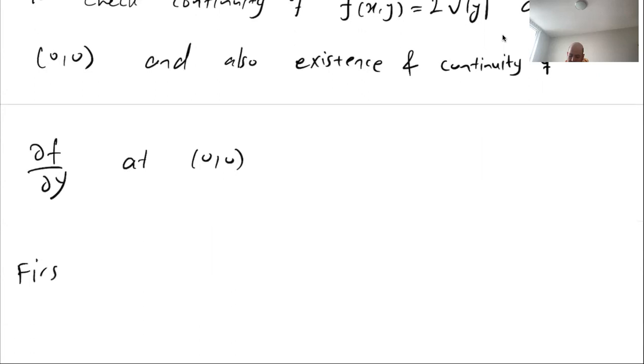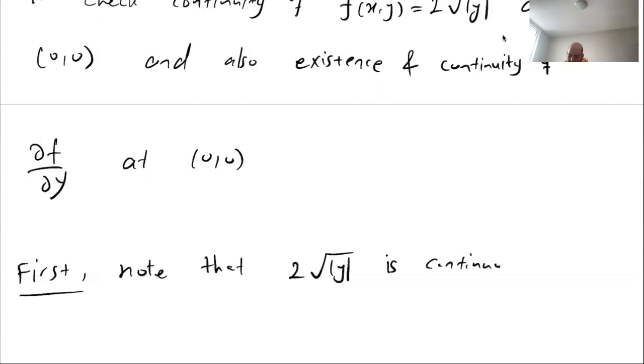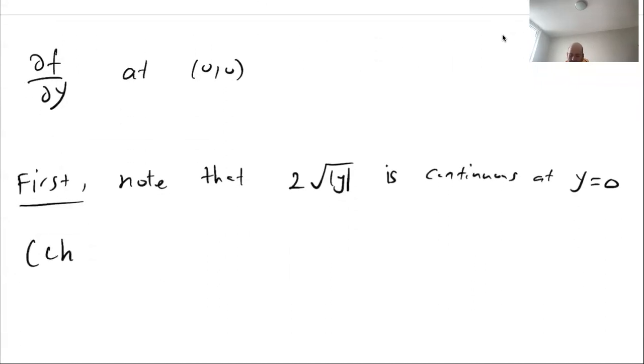So first, note that 2 root absolute value y is continuous at y equals 0. This one you can check yourself.